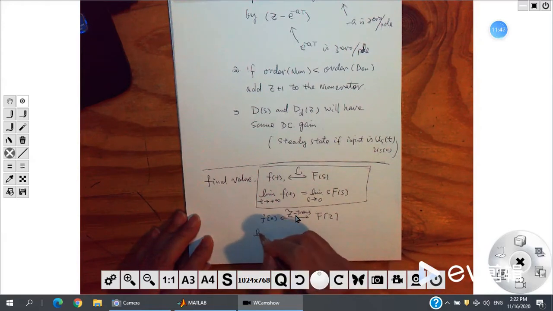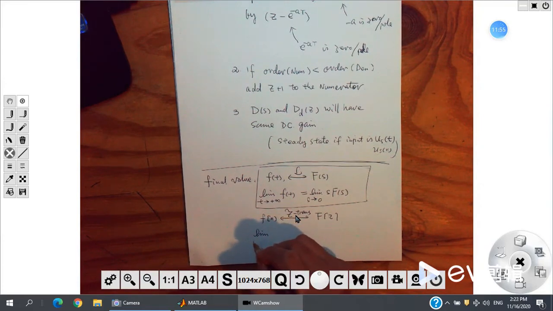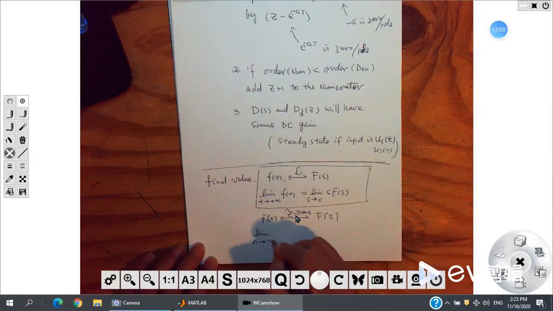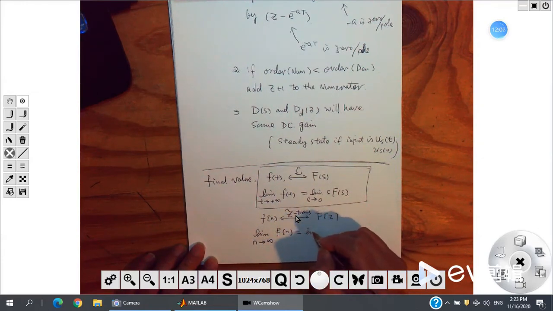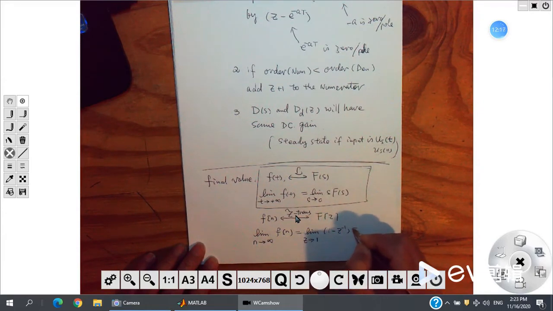This time the limit as n goes to infinity of f(n) will equal the limit as z goes to 1 of (1 minus z inverse) times F(z). Like this, the final value.